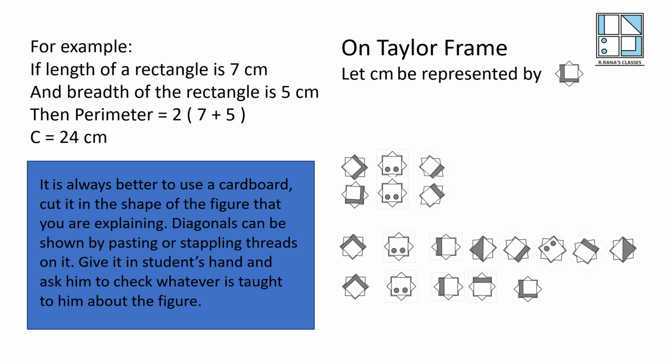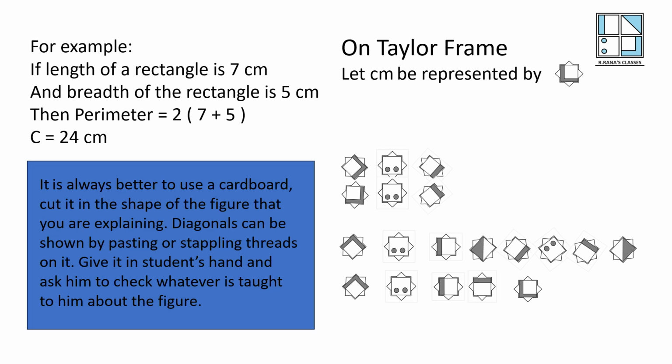It is always better to use a cardboard. Cut it in the shape of the figure that you are explaining. Diagonals can be shown by pasting or stapling threads on it. Give it to the student and ask him to check whatever is taught to him about the figure.